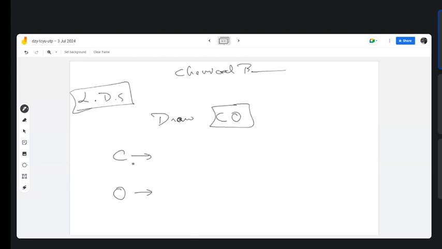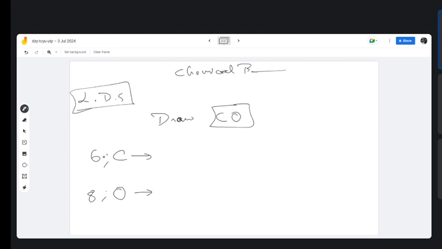Now, atomic number of carbon is 6. Atomic number of oxygen is 8. All these things are 9 standard, 10 standard stuff. If atomic number is 6, obviously atomic number will be equal to number of electrons, which means based on the number of electrons I shall be able to write the electronic configuration.